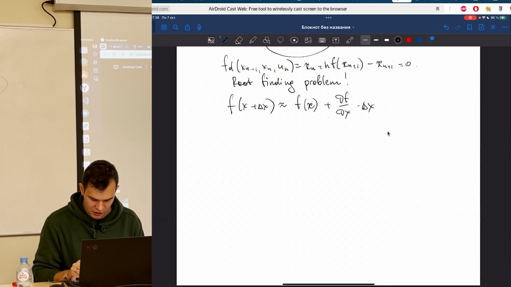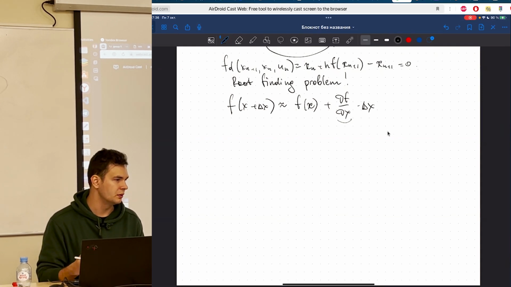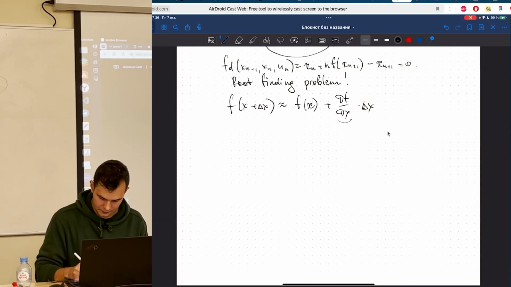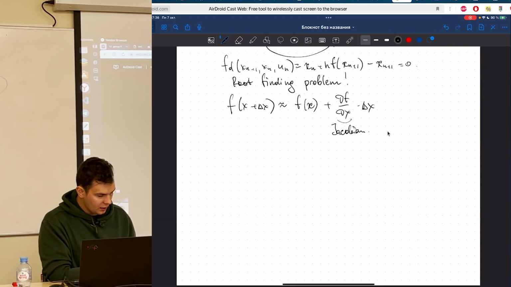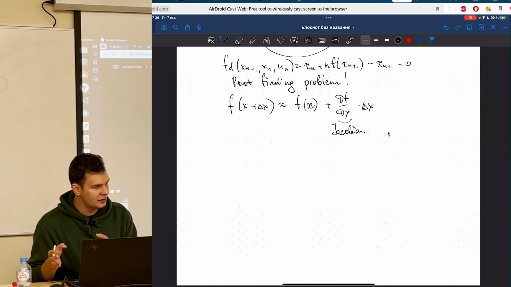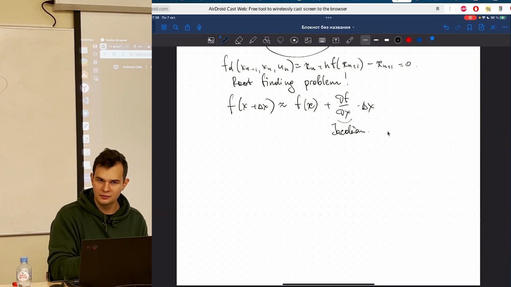And that partial derivative is called the Jacobian. It maps change delta x to the delta f.